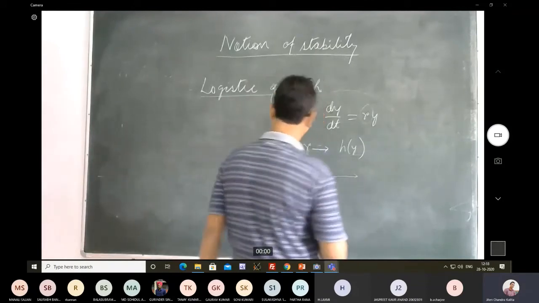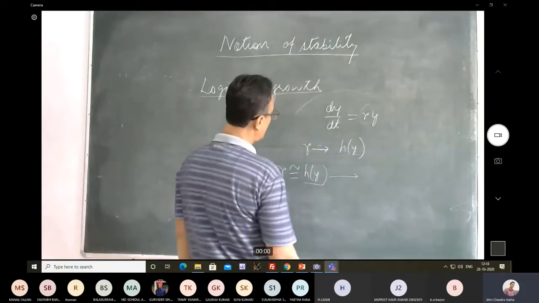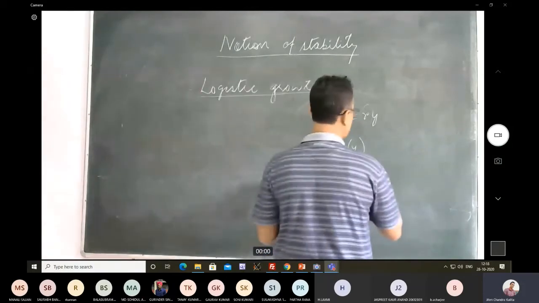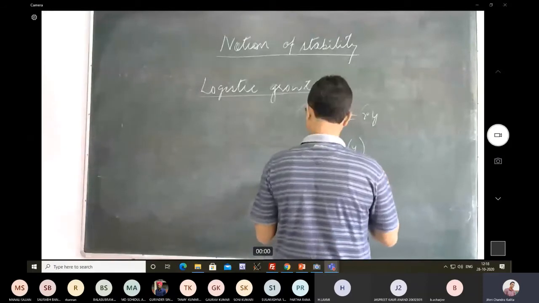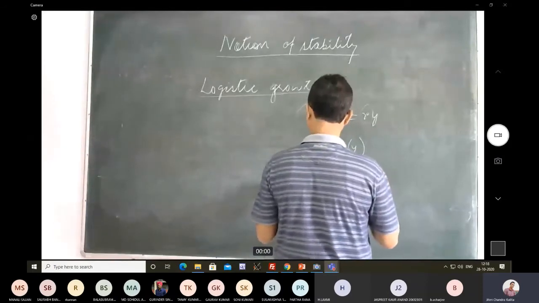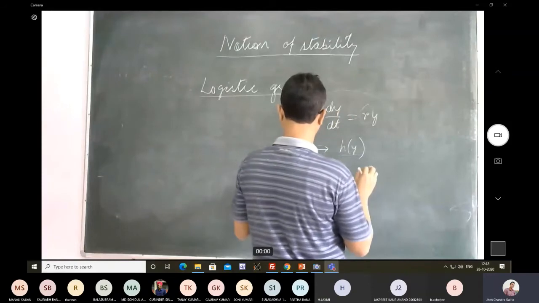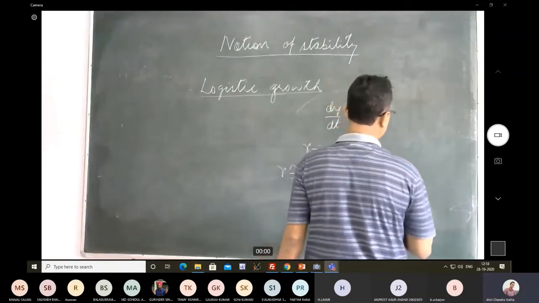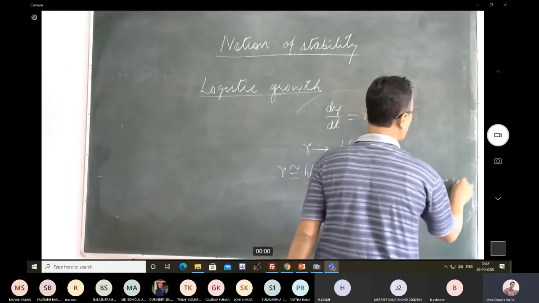So what is going to happen? R is positive, and it is large when y is small.